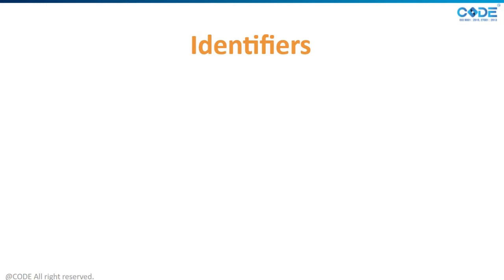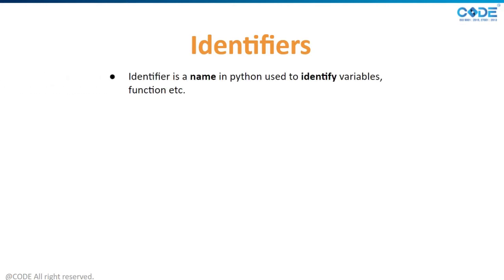Likewise, in Python also we have identifiers, which are used to provide names to identify variables, functions, etc. If you don't know about variables and functions, then don't worry, I will teach you in upcoming videos. For now, just understand identifiers are used to provide names.